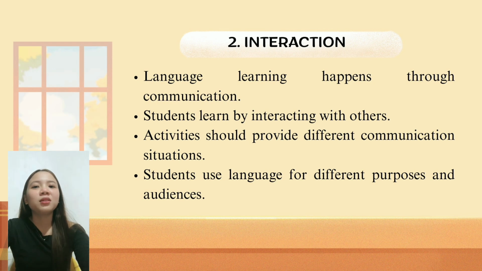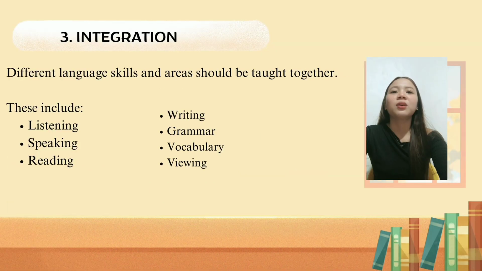So let's proceed to the third principle. Integration means that different language skills should be connected and taught together. This includes listening, speaking, reading, writing, viewing, grammar, and vocabulary. For example, the teacher can give students a story to read. After reading, they can discuss the story with other classmates. Then, they can learn new vocabulary, identify grammar and structures, and write their own response.